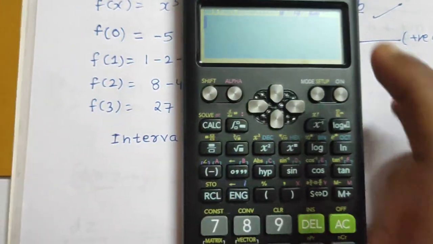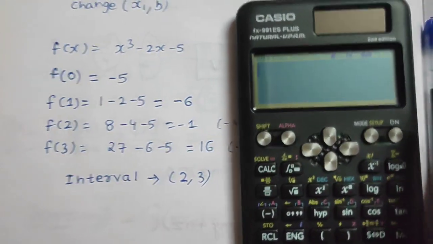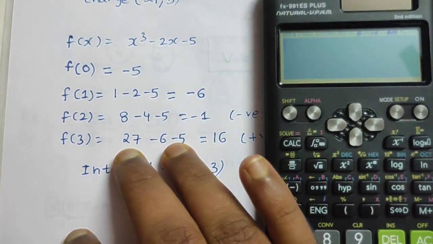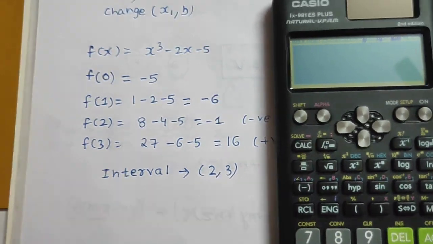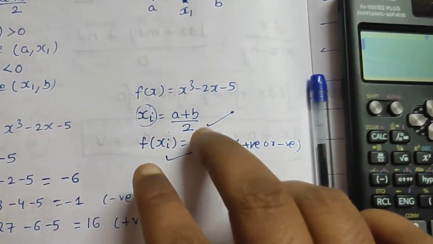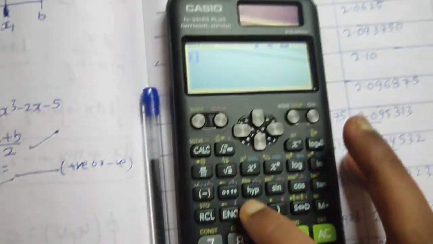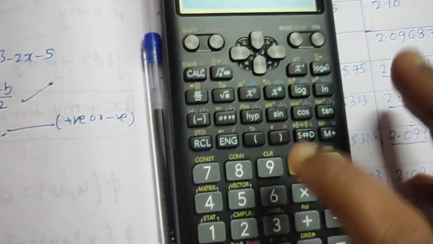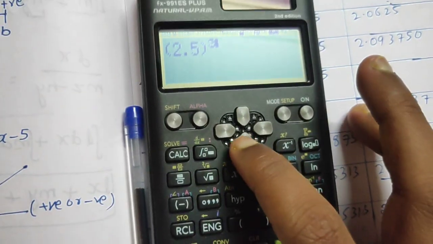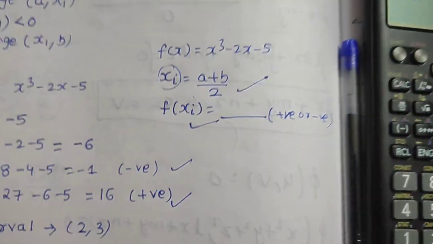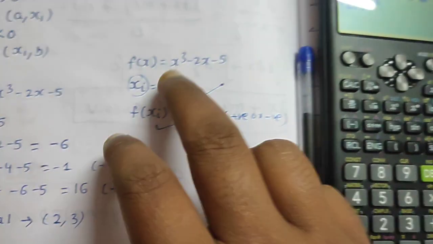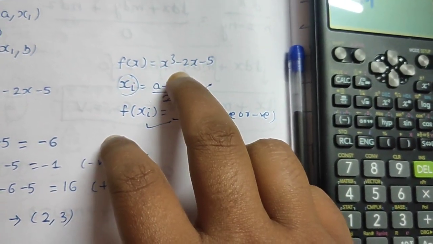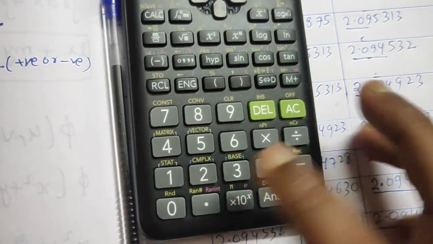Now let me show you something. Move more closer, check the value of this function at, let's say, 2.5. Now I will type manually. So 2.5, it will be 2.5 cube, and then 2 into 2.5 is 5, so minus 5, minus 5, so minus 10.